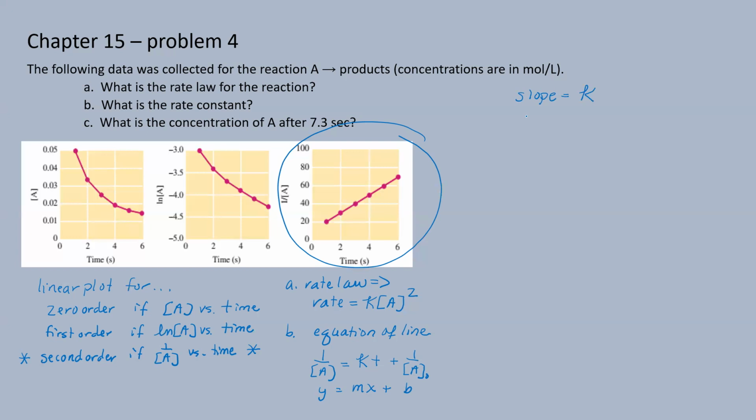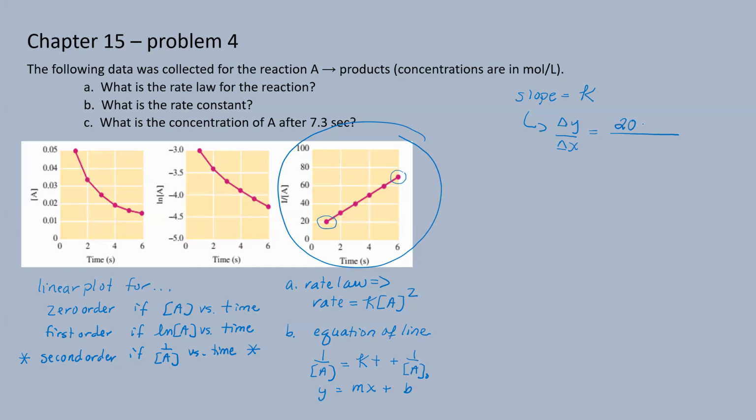Now to get a slope, remember you do change in y over change in x. Now it's completely arbitrary which 2 points you pick on your graph. So I'm going to pick the first point and the last point for no reason whatsoever. If I look at the first point, it falls on 20.